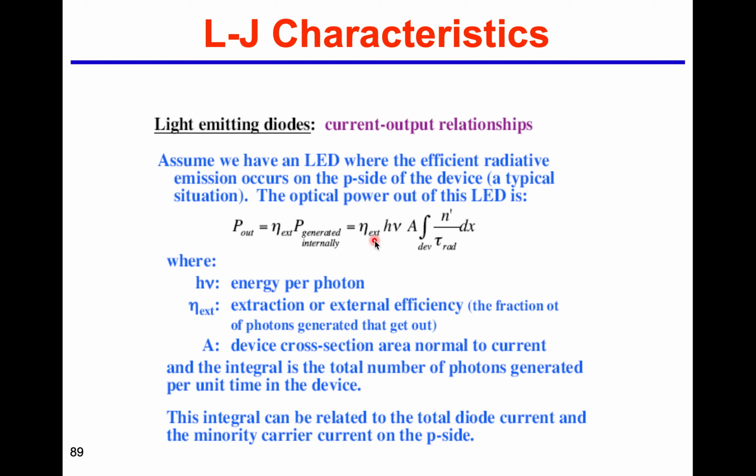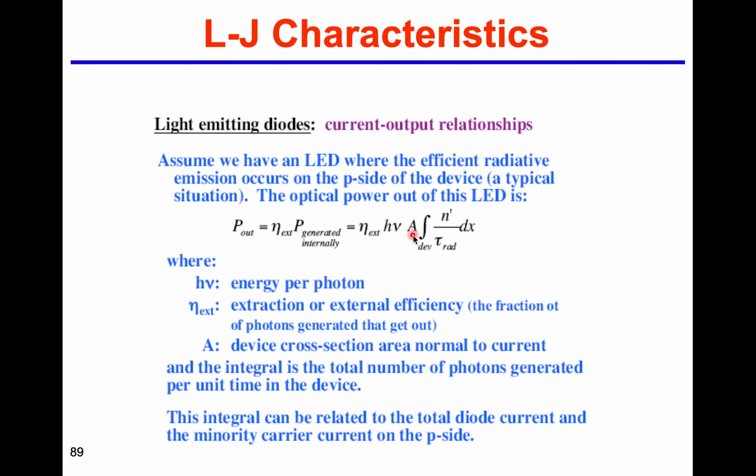And here the external efficiency means the light extraction efficiency, which means you need to take light from your LED out into the air. Yeah, because there is some total internal reflection from the high refractive index to the low refractive index, so this term is not equal to 1. And also it depends on h nu, where h nu is the photon energy.